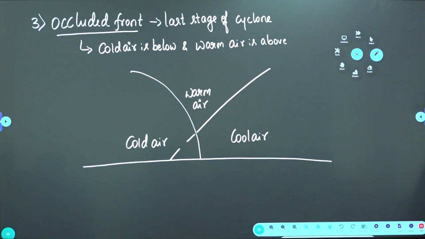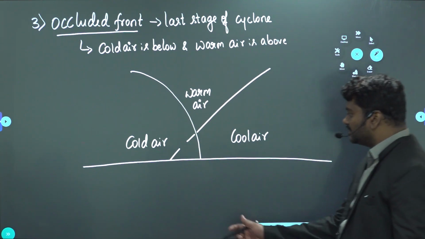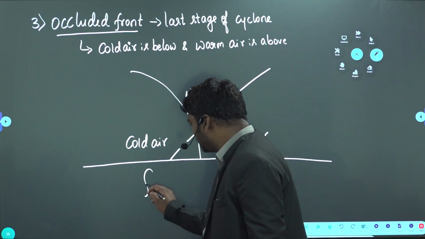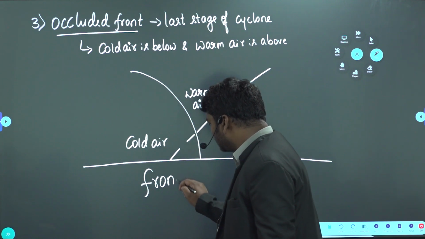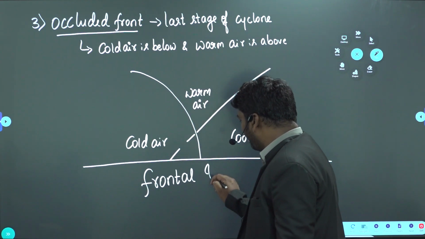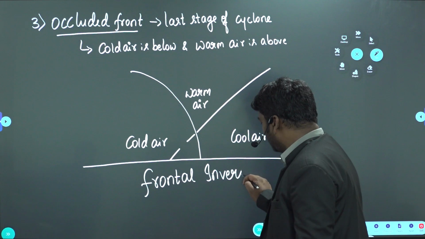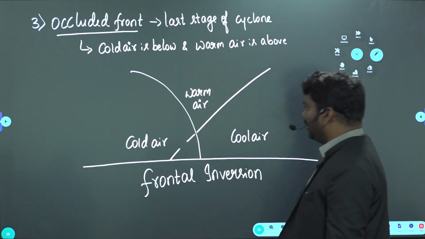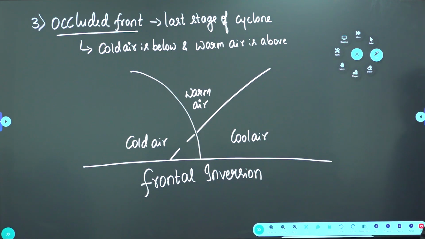Last stage of cyclone, and this is, in other terms, called frontal inversion. If they ask which stage is frontal inversion, it is occluded front, also called occlusion.